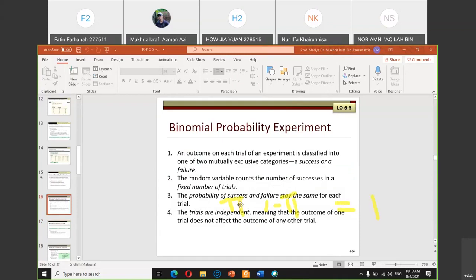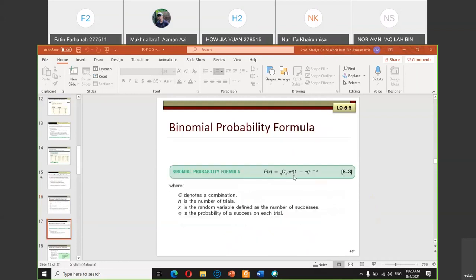So let's say the probability of success is 0.2. That means the probability of failure will be 0.8. The total between these two will always equal 1. So that's what it means when you look at this formula. Pi is the probability of success raised to the power of x. 1 minus pi means once you put pi as, let's say, 0.2, then this value will be 0.8.